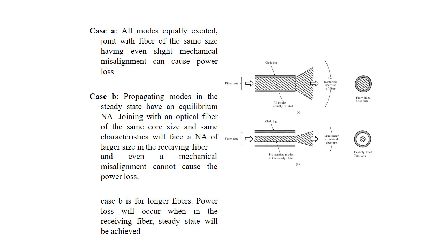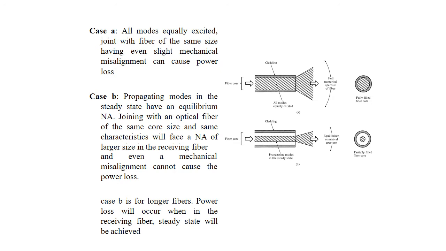Next, we have two cases. Case A: if all the modes are equally excited, then a joint between fibers of the same size having slight mechanical misalignment will cause power loss. In the next case, if the propagating modes in the steady state have equilibrium numerical aperture, then joining with an optical fiber of the same core size and same characteristics, it will face a numerical aperture of large size in the receiving fiber.